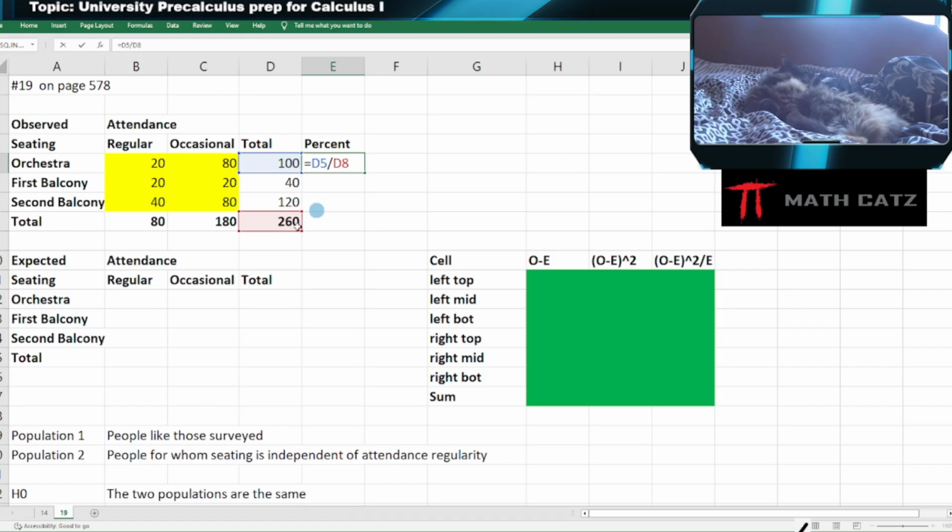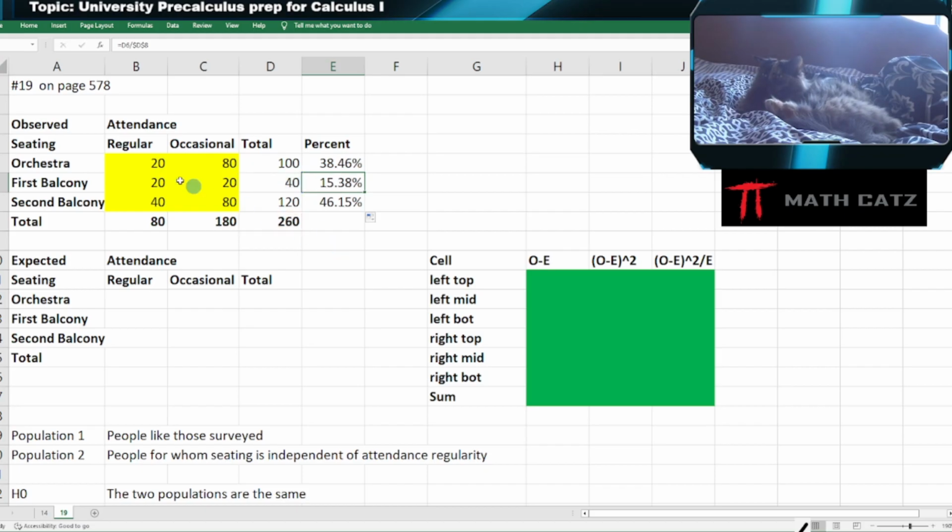Now remember, I do have to fix the total here. So F4 inside that, because I'm going to copy it and the total of 260 stays 260. Then we will drag this down and copy the formula, all things we've done before. Check this one randomly. Okay, 40 out of 260.